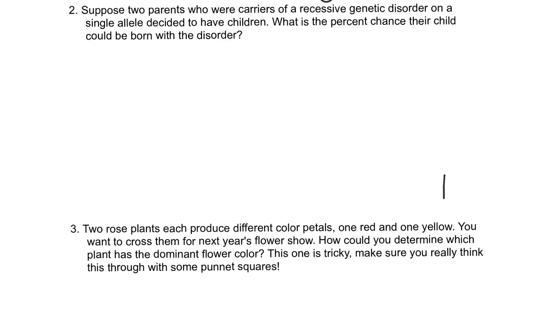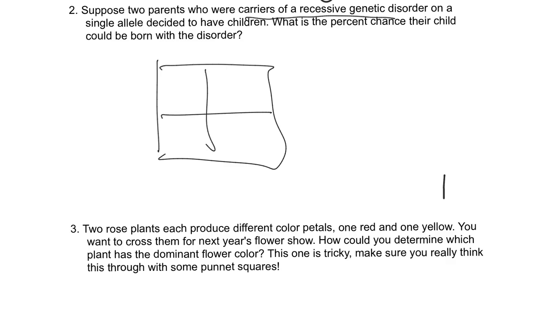Okay, next question is also a pretty easy question. In this case, they are carriers of a recessive genetic disorder. They want to know what their chances are that their child will have the disorder. So in order to be carriers, they have to be heterozygous. So I'll just use H's here. In order to have the disorder, they would have to be little h, because this is a recessive disorder. So both parents are going to be heterozygous.